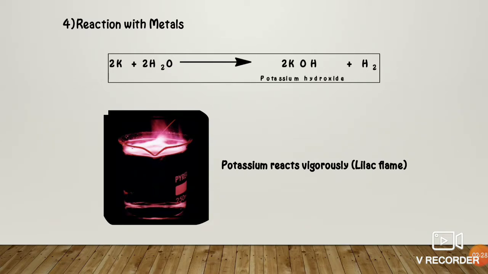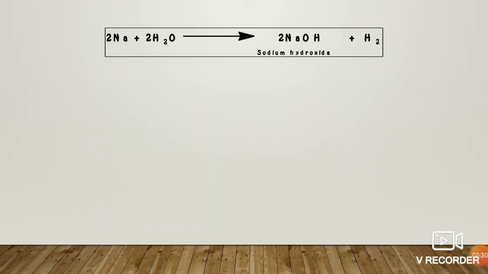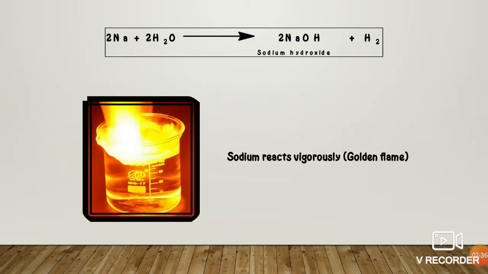Now let's look at the action of water on sodium. This reaction is less vigorous than potassium. It burns with a golden yellow flame. This reaction is also exothermic in nature. In this reaction, sodium is also in elemental form and will displace H+ ion from water to give sodium hydroxide.